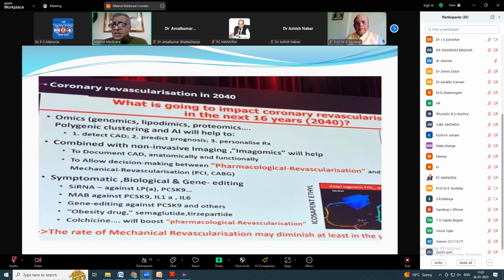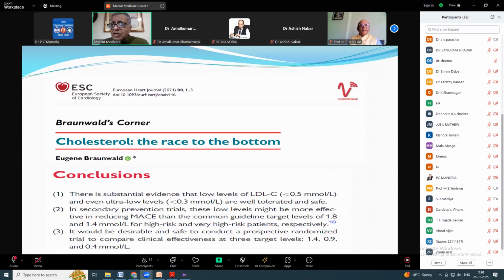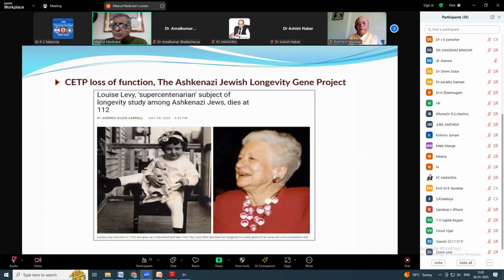So ladies and gentlemen, you have to think beyond MACE, that is, regression of atherosclerosis, and that is how I set the context of my talk, why we need these agents. This is an editorial by Professor Braunwald, Race to the Bottom. In fact, we are trying to reach the bottom of the bottomless pit so that we regress atherosclerosis.